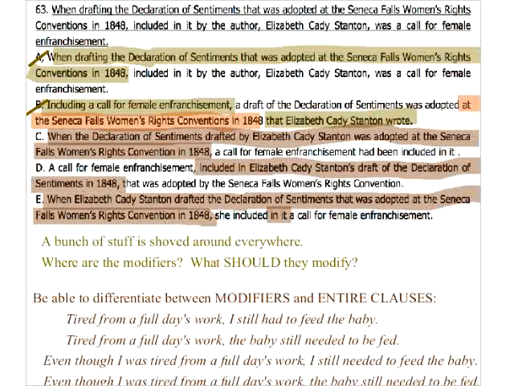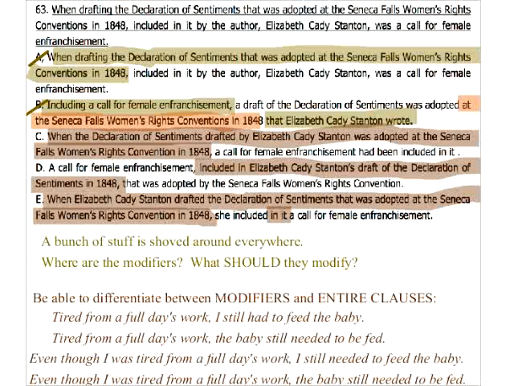Okay. What's important to understand here is that modifiers have to modify stuff and full clauses don't. So these are modifiers, the ones that say tired from a full day's work.